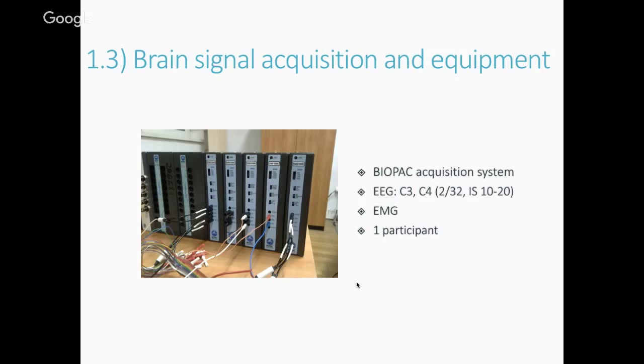So in terms of the experiment, primarily only 1 participant was recorded, and for hardware, the BioPack system was used with 2 channels out of 32 electrodes, the main channels corresponding to motor imagery, C3 and C4 electrodes, and 1 additional electrode to record the muscle movements, to confirm the presence or absence of the finger movement.